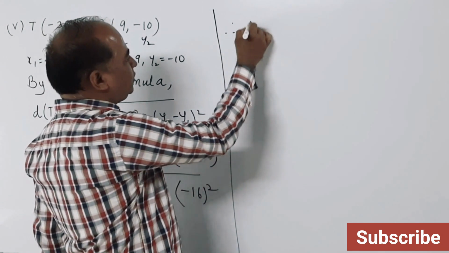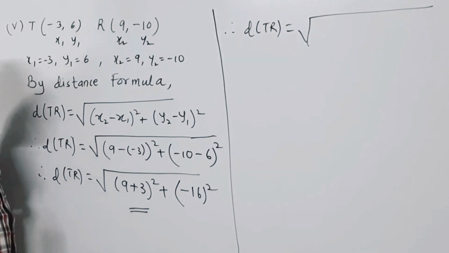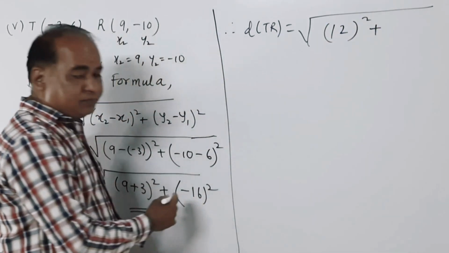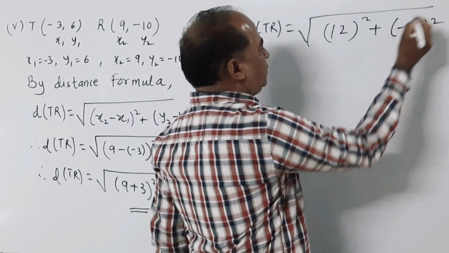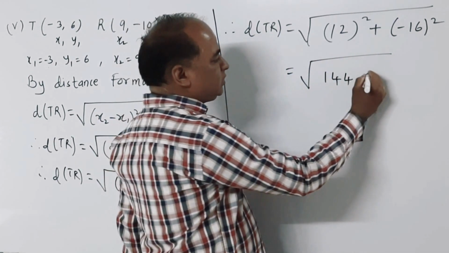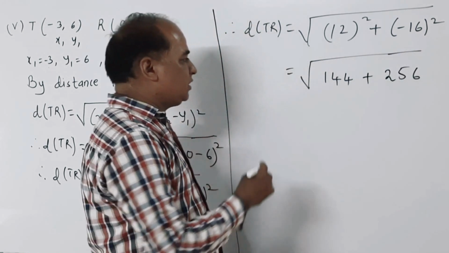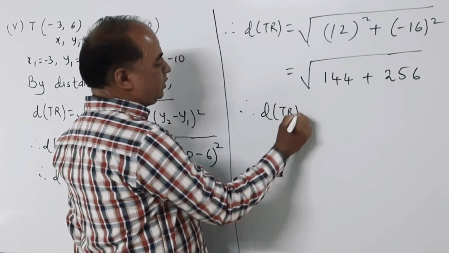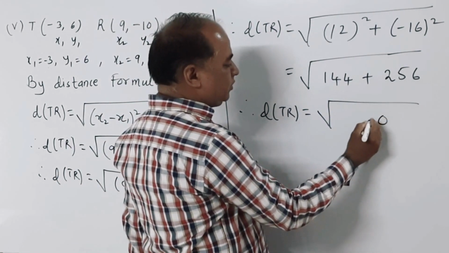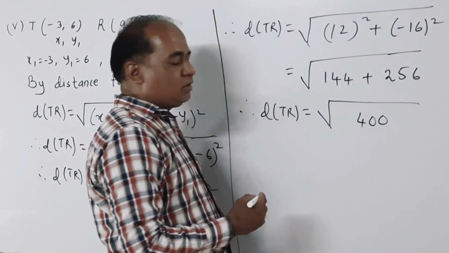Therefore, distance TR is equal to square root of (9 plus 3) square plus (-16) square, which is 12 square is 144 plus 16 square, and 16 square is 256. So distance TR is equal to square root of 144 plus 256, which is equal to square root of 400.